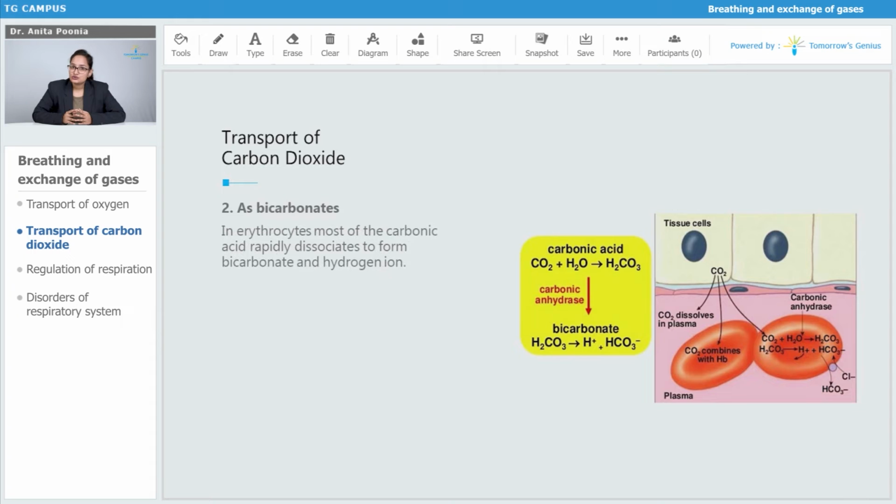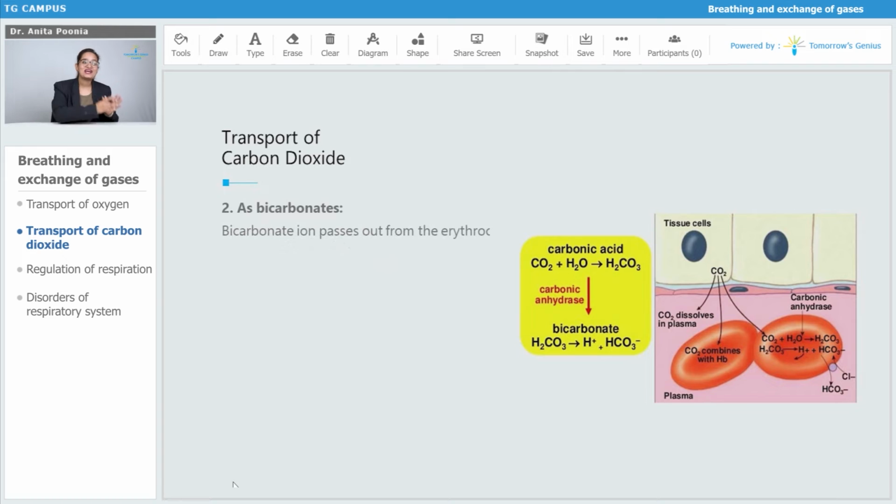In erythrocytes, most of the carbonic acid rapidly dissociates to form the bicarbonates and hydrogen ions. And the bicarbonate ions so formed now pass out from the erythrocytes.